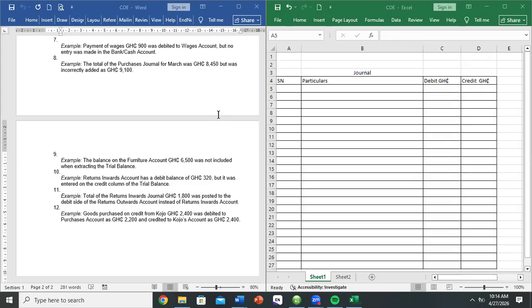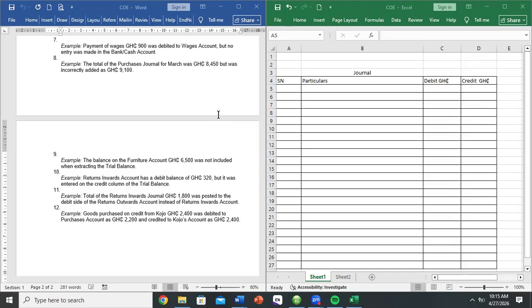Okay, so you know from the beginning that where the specific medium of transaction, that is cash or check, is not given, the obvious choice is cash. If it is check, they will indicate. If they don't say check, then the obvious assumption is cash, that the transaction was on cash basis.